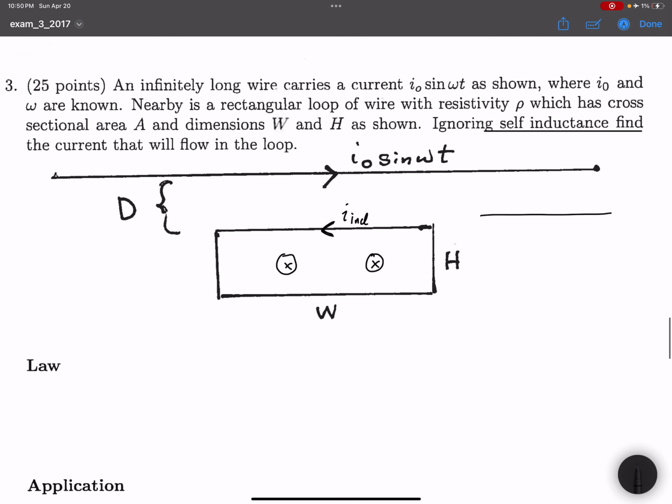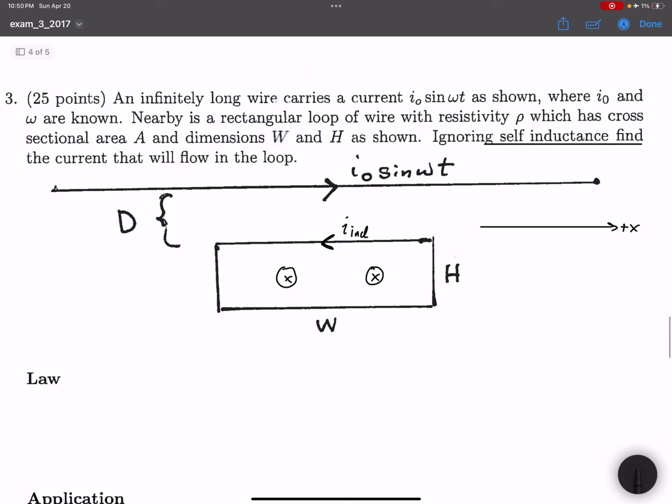So there we go. Let's go ahead and get our coordinate system going. We've got positive x direction. Wouldn't the induced field be coming out of the page right there? It's ignored, but it's always good to label everything and then just kind of ignore things as you go. So we have our coordinate system.